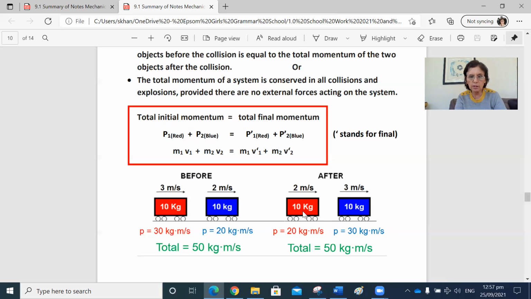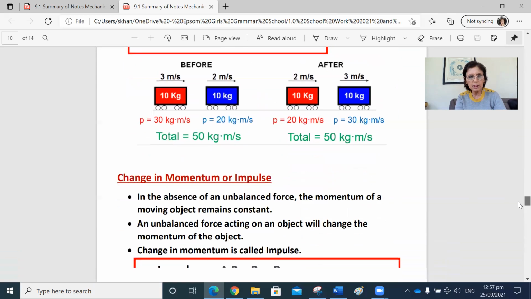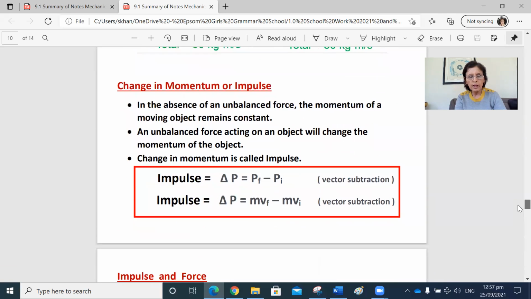Final is 20, initial was 30, so it is always final minus initial. 20 minus 30 gives negative 10, which means it loses momentum in that direction. So the law of change in momentum is, I will say that in a minute. Change in momentum is always final minus initial. Another word given to the change in momentum is impulse.